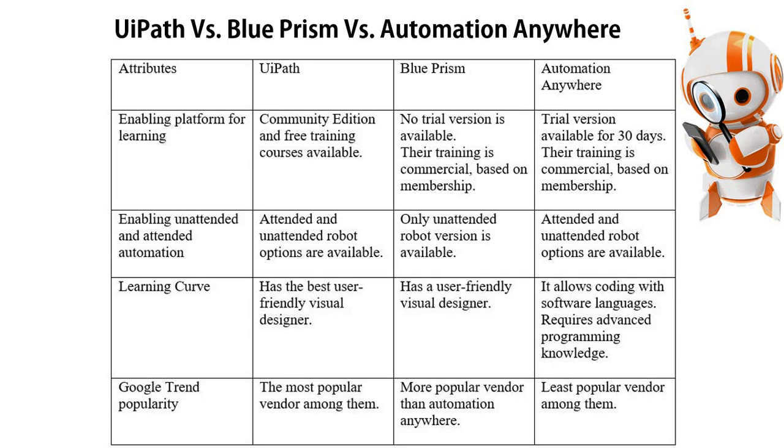And these three provide robots which are attended and unattended. UiPath provides both attended and unattended robot options, whereas with BluePrism we have only an unattended robot version, and in Automation Anywhere both attended and unattended robot options are available.